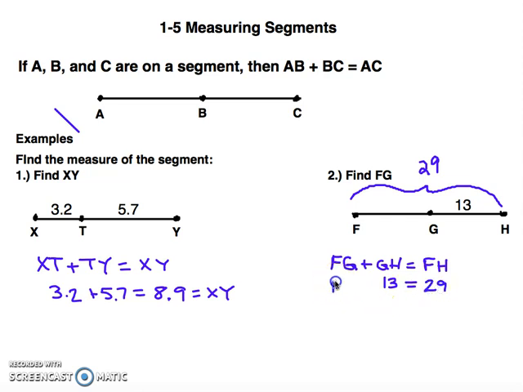So if we just keep this FG here, then all we have to do is solve for FG. How we would do that is subtract our 13, and that will tell us that our FG equals 16. So that's how we find the different portions of the segment, and we're going to look at a few more examples.